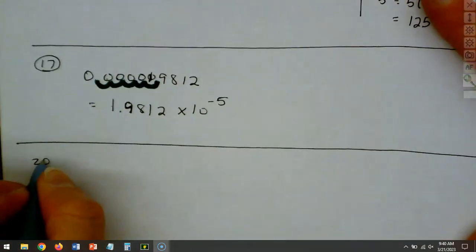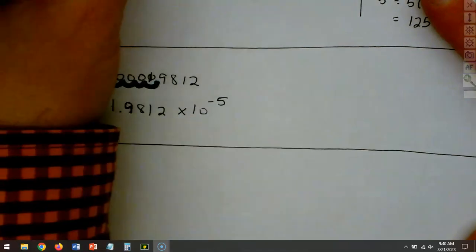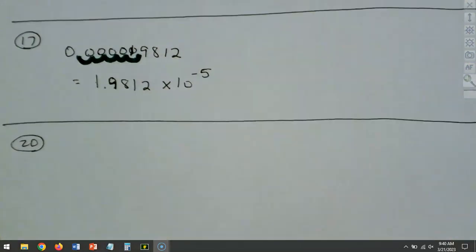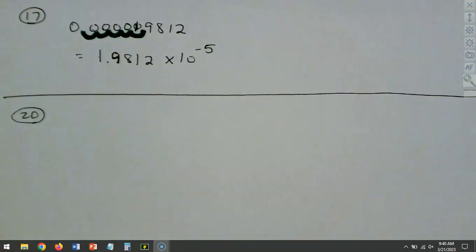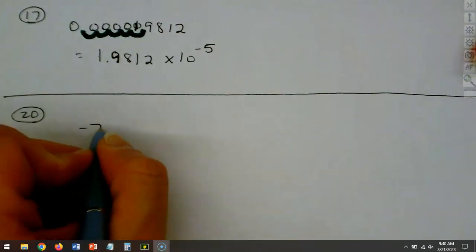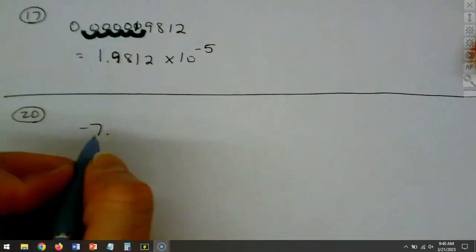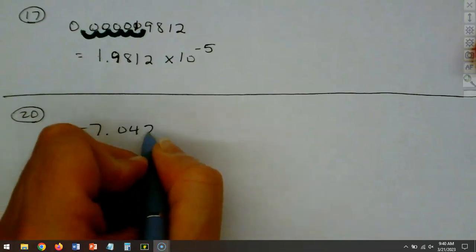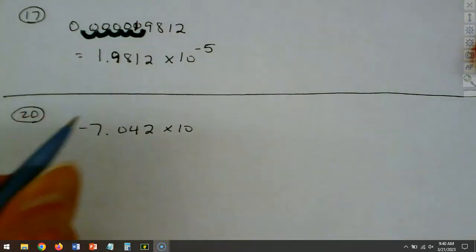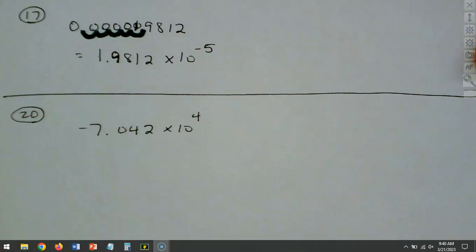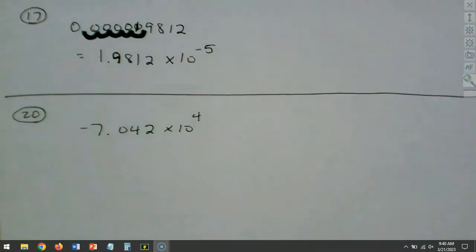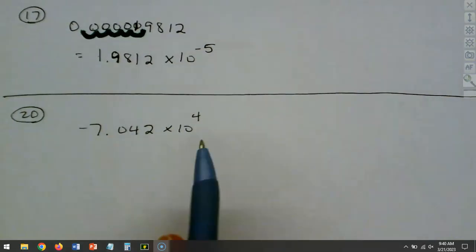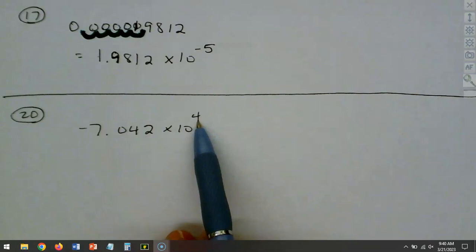Question 20 does the opposite. So question 20, we're going to rewrite this one in standard notation. And it's times 10 to the 4th power, and it's a positive exponent here, so that's going to make it a large number.